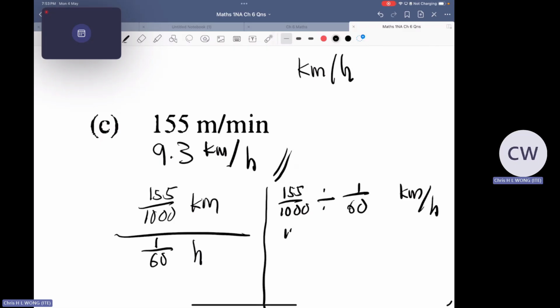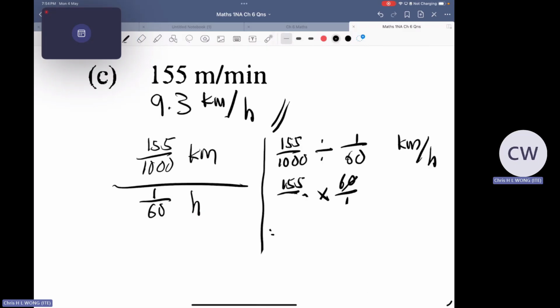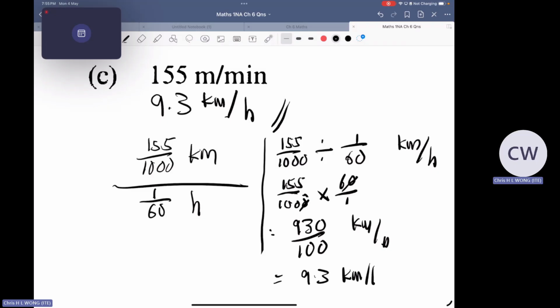Cancel 1 zero. So you have 930 over 100 kilometer per hour. So you have 9.3 kilometer per hour. Clearer this way? Do you know what I'm cancelling?